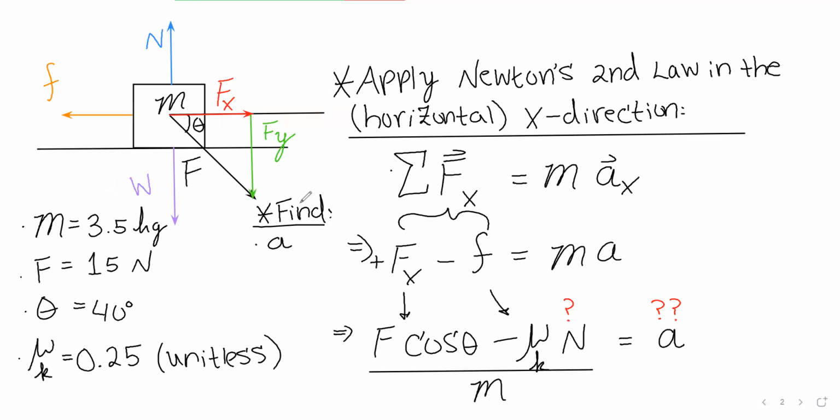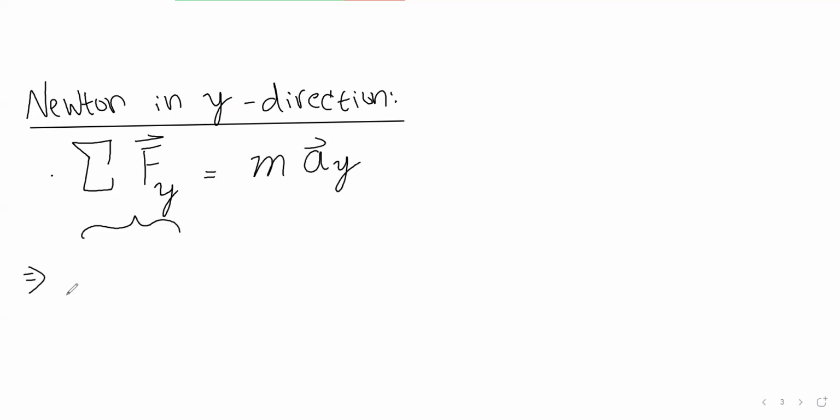Looking back at my diagram, here's a vertical force, here's a vertical force, and there's another. So I have a positive normal force because it acts up. I have minus weight minus Fy equals mass times 0.